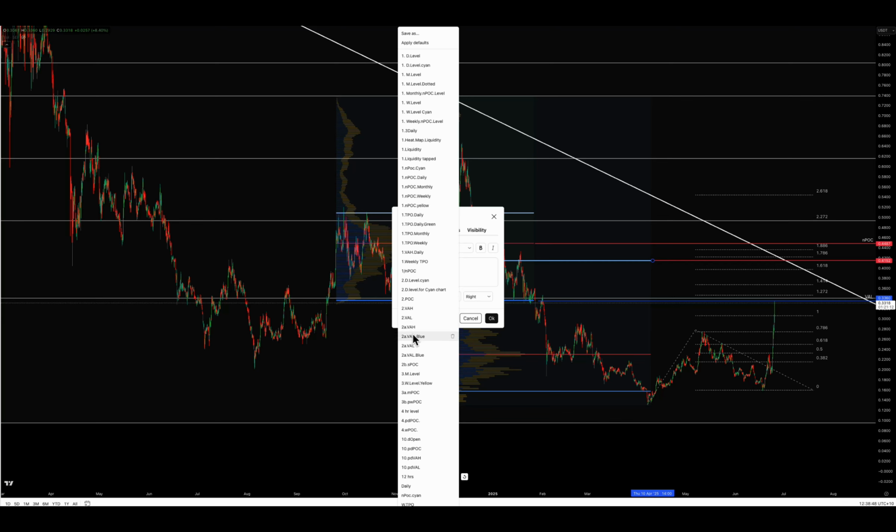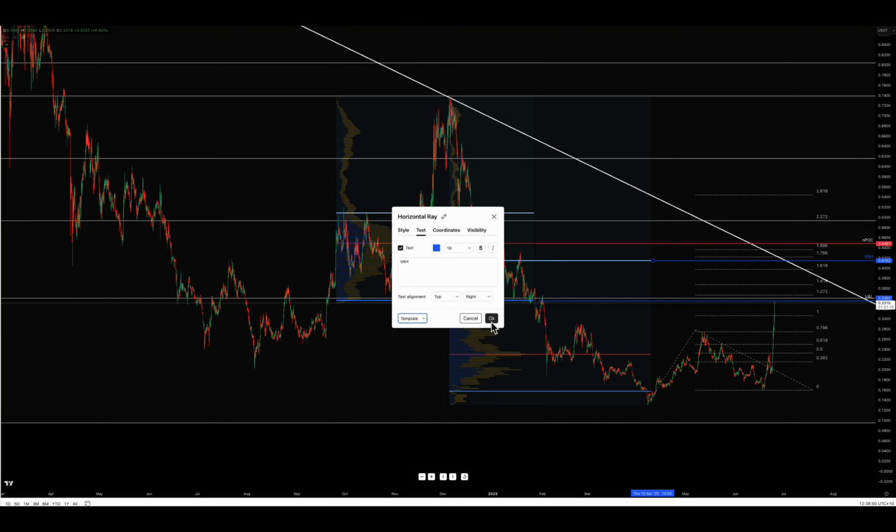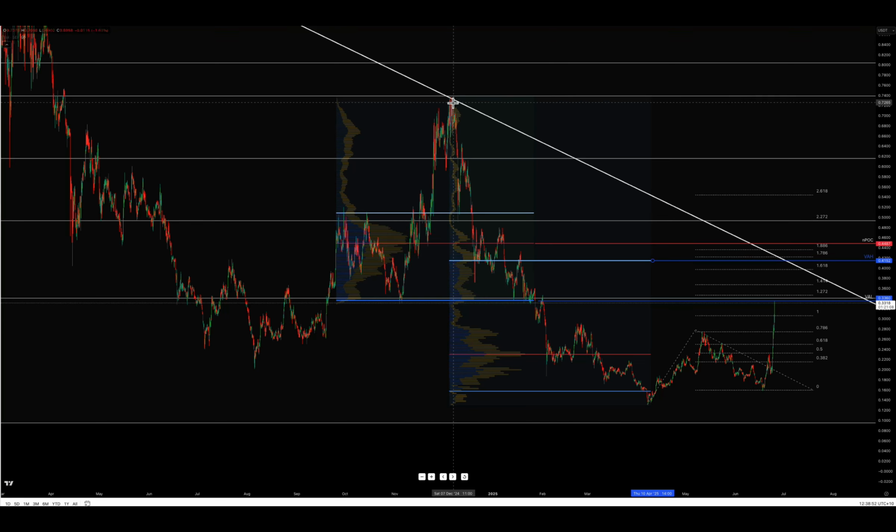So we map that in there as well, because we're looking from this session all the way down. Now we set up our levels. We haven't done our daily levels, we haven't done our weekly levels, but we have our fixed volume profile. We also have liquidity. Liquidity has been taken out from this one, so that's been tapped.